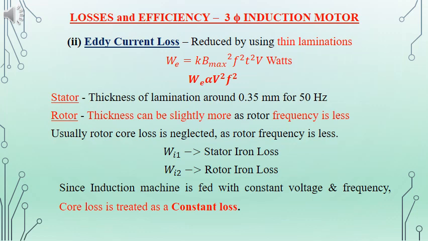Altogether, when we consider the core loss, the rotor side core loss or iron loss can be neglected because the frequency will be very low compared to the stator side frequency. Since in the case of a three-phase induction motor the supply voltage V and the frequency F are constant, we can consider the core loss in a three-phase induction machine to be constant.